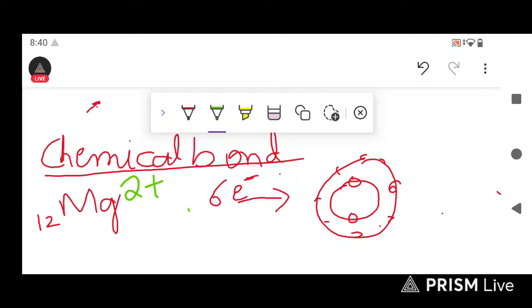This is a simple example of chemical bonding. These simple examples will come in your exams, so you have to prepare these most important elements well. You must know the electronic configuration of these elements. Now take the questions from your side.